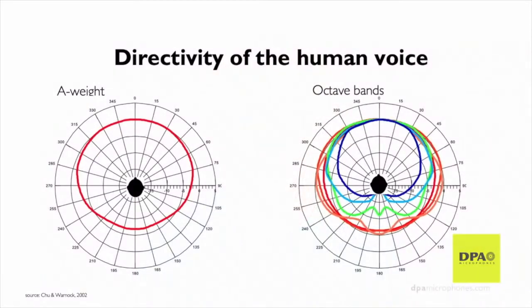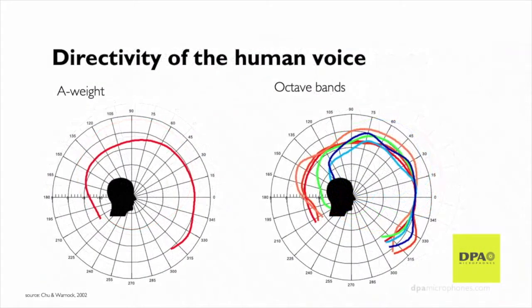If we then look at the radiation pattern or the directivity of the human voice in the vertical plane, you would see that we have a lot of level below the person. We have actually more level of the voice at a 45-degree angle below the person than we have at 45 degrees above the person.